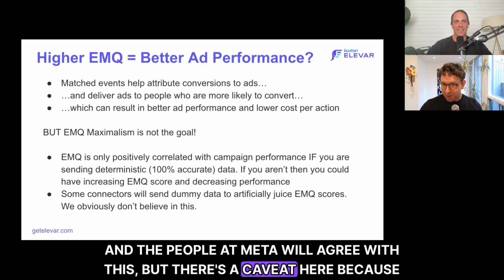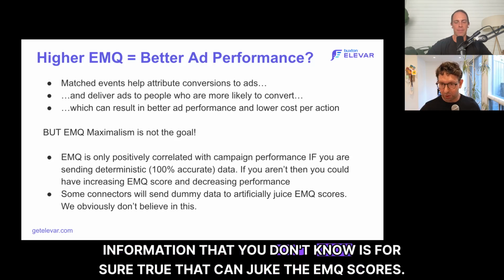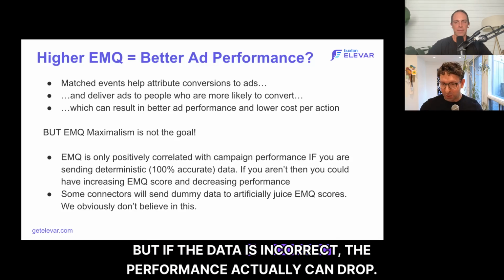But there's a caveat, because if you're sending data that could be called probabilistic, information that you don't know is for sure true, that can juke the EMQ scores. It can make them look awesome, like maybe get to a 10. But if the data is incorrect, the performance actually can drop.